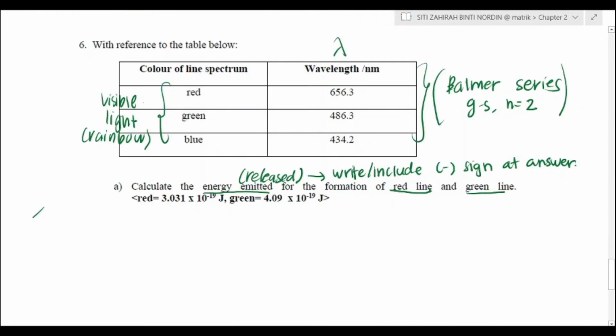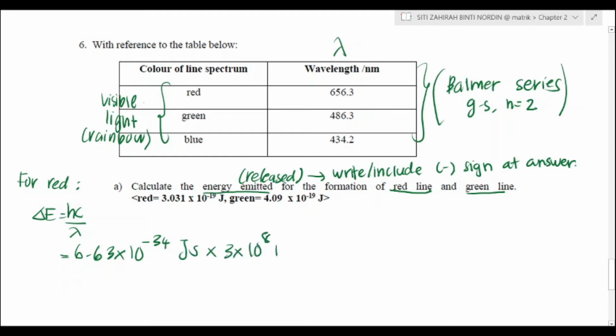So delta E is equal to hc over lambda. This is for the red line. 6.63 times 10 to the power of minus 34 joule second times 3 times 10 to the power of 8 meter per second divided by 656.3 nanometer times 10 to the power of minus 9 to convert it to meter.